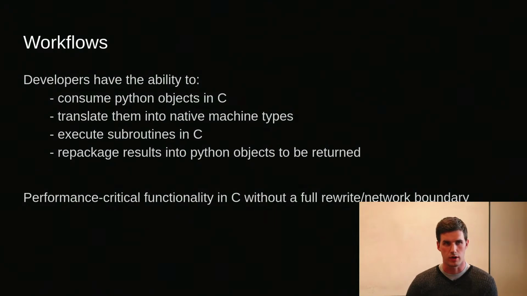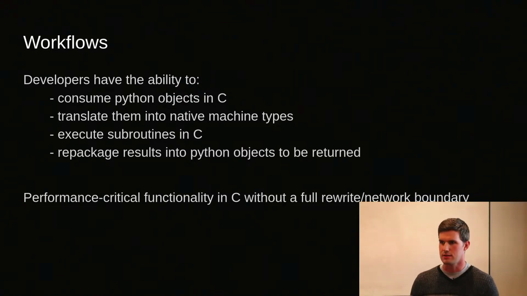Some of the workflows that we do at Crunch involve this process: you write your C extensions with the expectation of being able to consume Python objects in C, and then once you consume them in some sort of function, you translate them into a native machine type down in the C. After that you can execute these subroutines on your data in C, and then repackage those results back into Python objects to be returned to the Python interpreter.